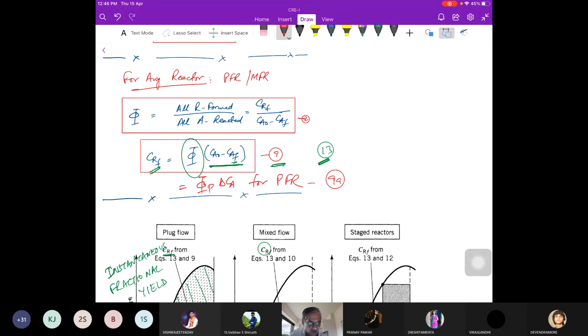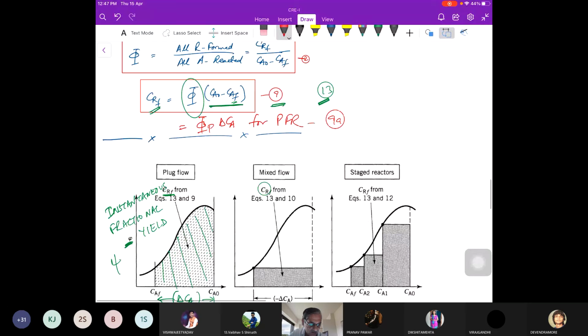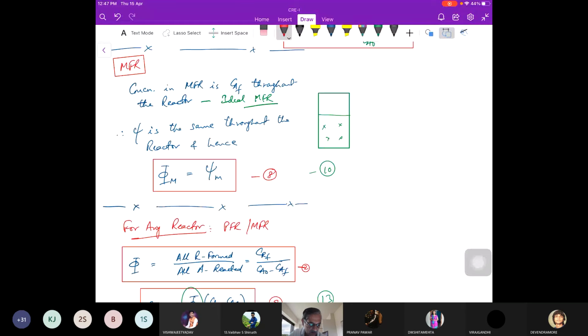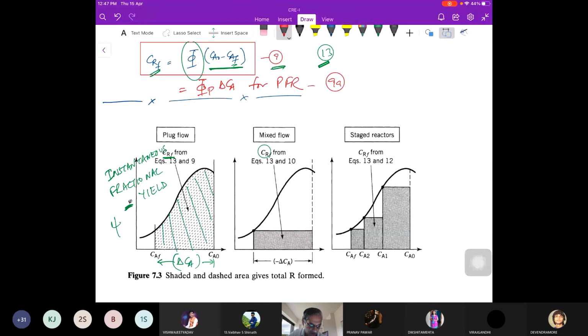Yes sir. Right. So essentially equation 9 is phi P into delta CA, the area under the curve. This is the value of CRF for a plug flow reactor. What happens in a mixed flow reactor? Phi is not phi cap, it is nothing but psi, right? So that means at the exit, this is CF, right?